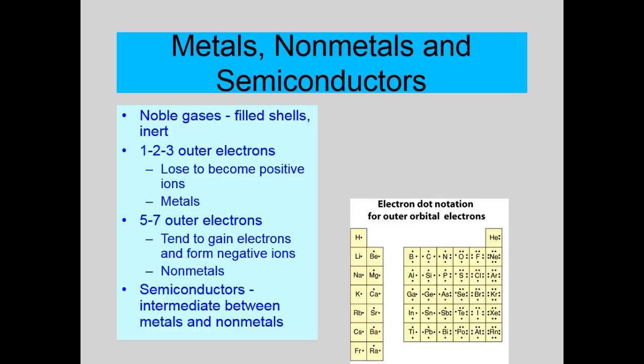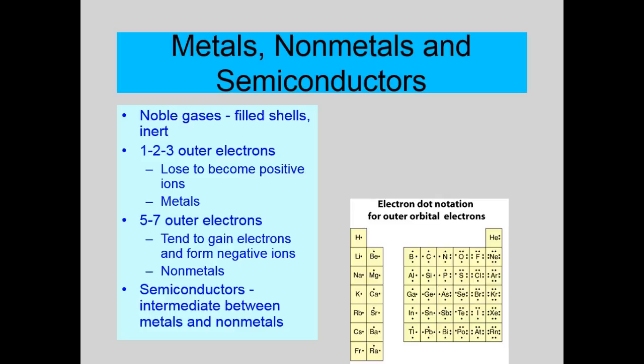Once you fill the shells, they don't combine with anything. So that's your noble gases, all having a filled outer shell. 8 electrons, except helium only has 2. Everything in column 1A, 1 spare electron, so they tend to form 1 plus ions. 2A tends to form 2 plus ions.